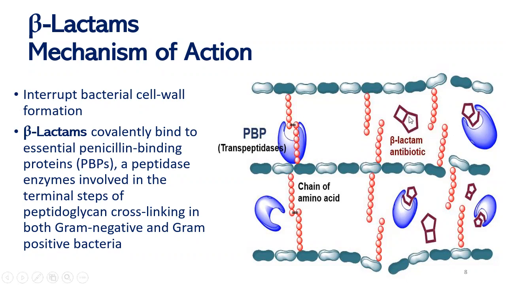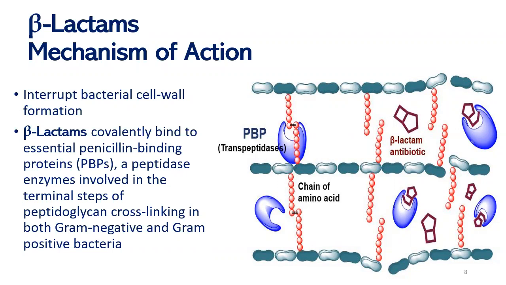So what happens is that the beta-lactam ring, which is the active moiety, will be internalized within the penicillin binding protein, or the transpeptidase of the bacteria, and it covalently binds with the transpeptidase. So that will totally paralyze this enzyme.